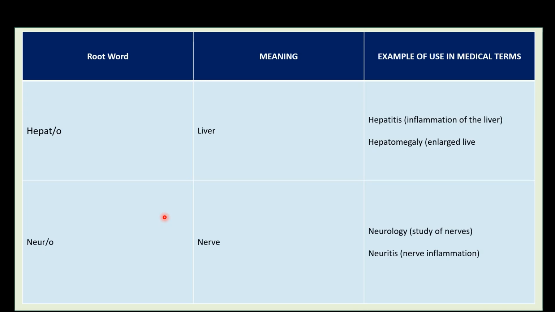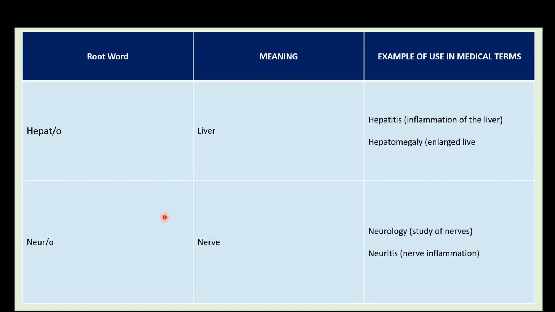A neurologist is a doctor or medical expert who treats diseases related to nerves, and that is why we use the terminology neurologist, where the root word is neuro. Then we have neuritis. Neuritis means nerve inflammation. So whenever you find something neuro-related in your word, it clears 90% of the thing, that this is related to something nerve, this is related to something liver.